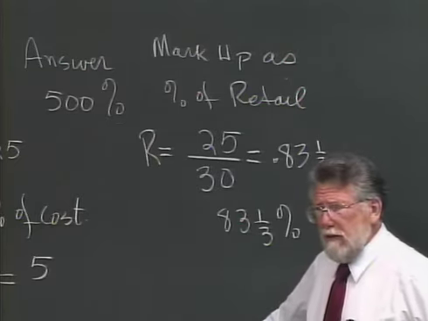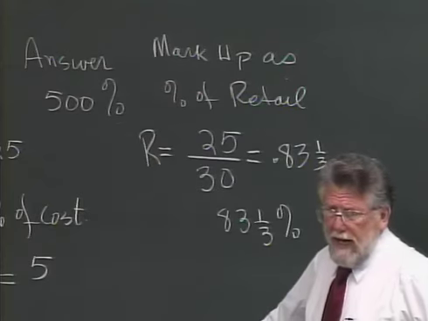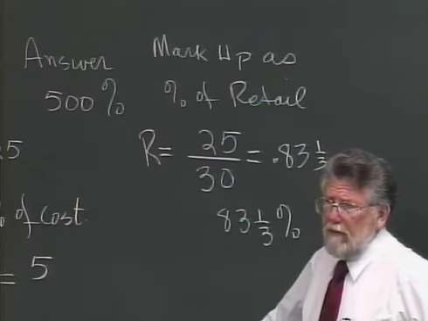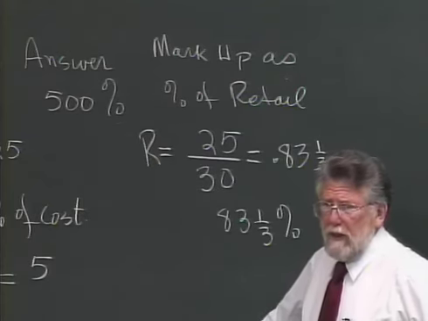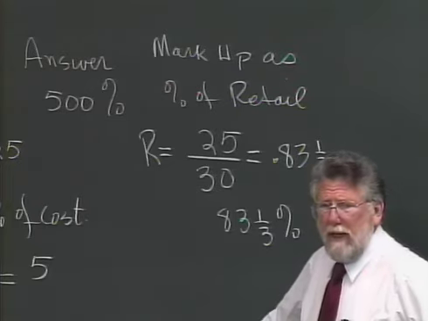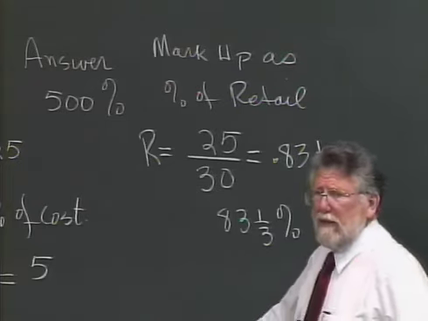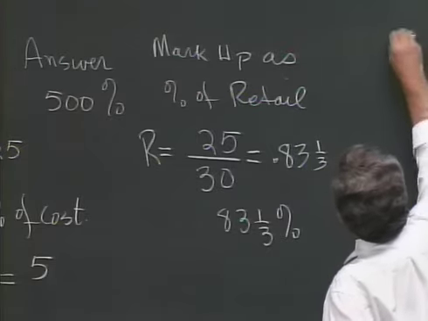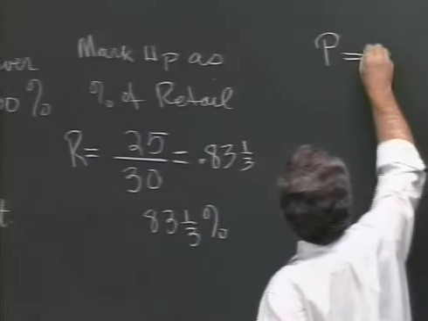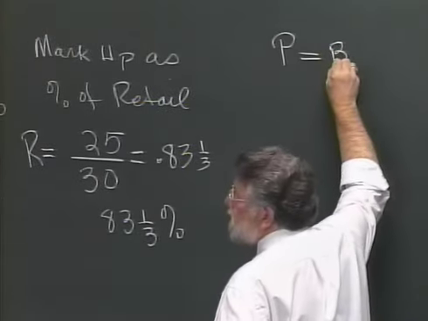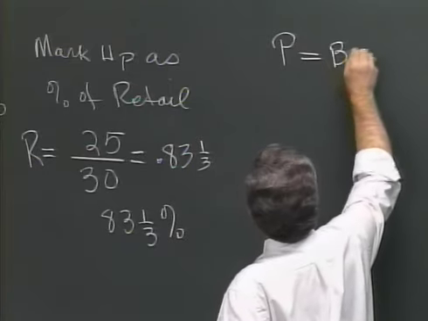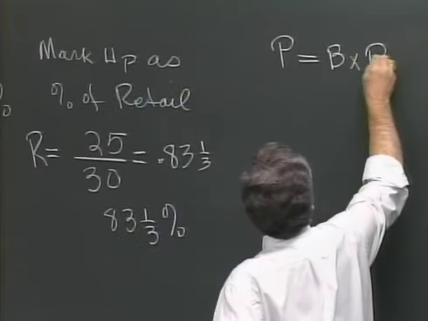Here's my point to you. We have three types of problems we do. So what I'm going to do at this point, Ernie, is just move a little bit to the right. And this was the first one. Percentage equals what? Base times the rate.